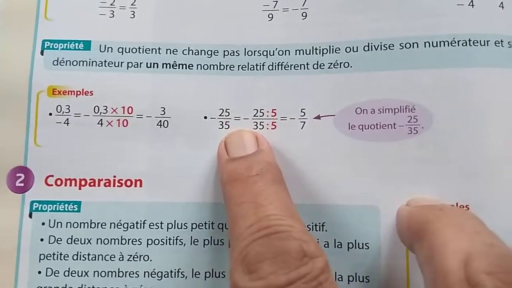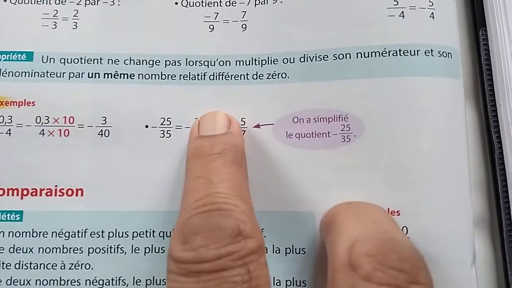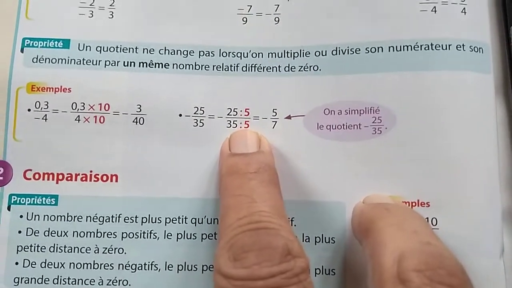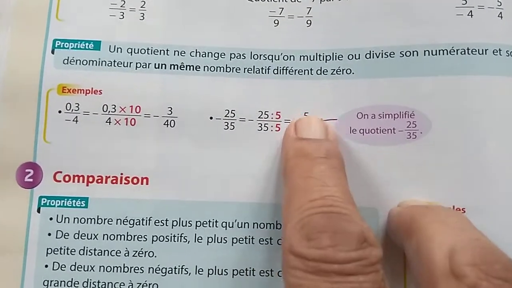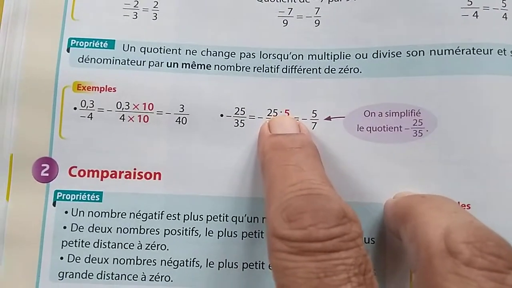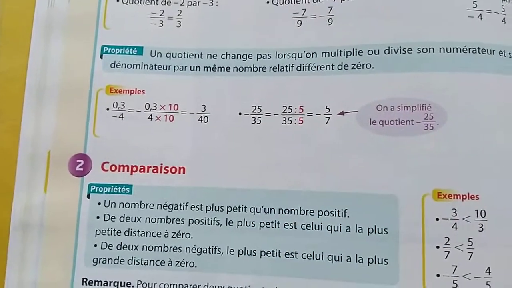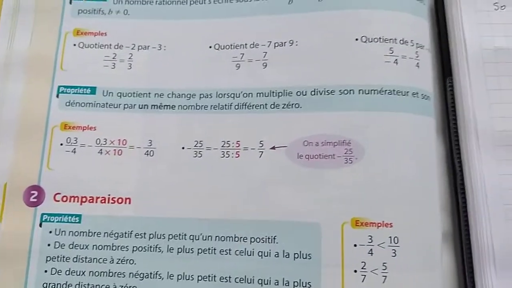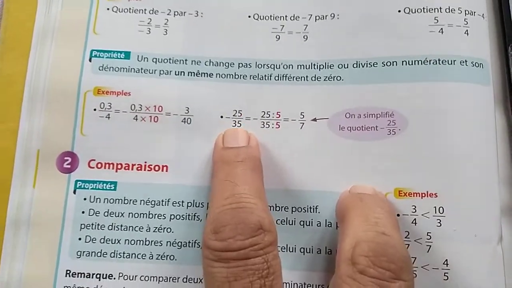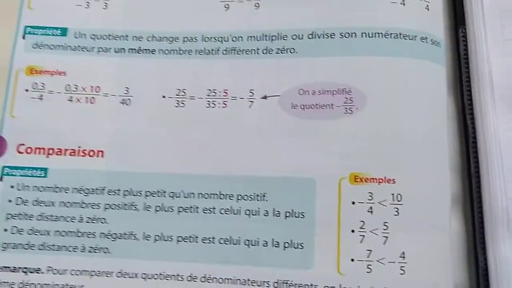Similarly, if you divide the numerator and denominator by the same number, the fraction doesn't change. They started with minus 25 over 35, divided the top by 5 and the bottom by 5, and got minus 5 over 7. So you have simplified this.